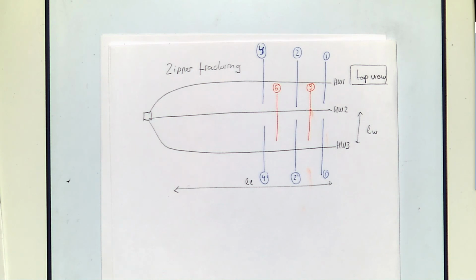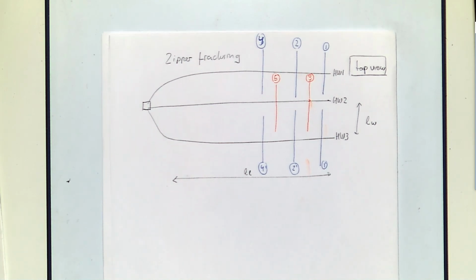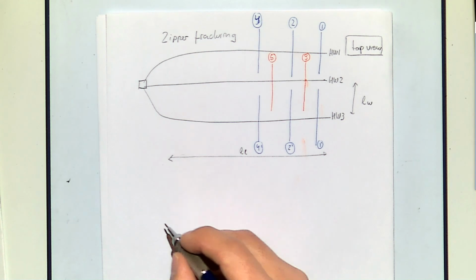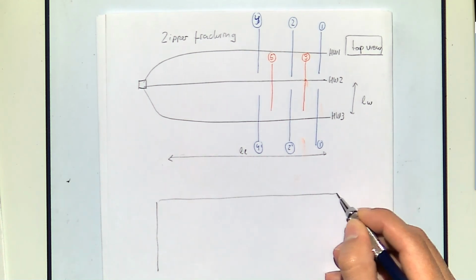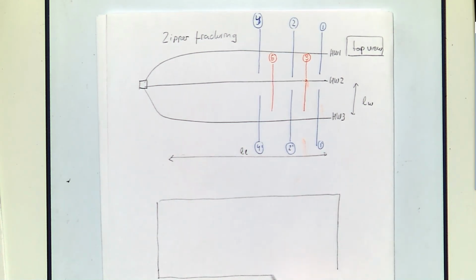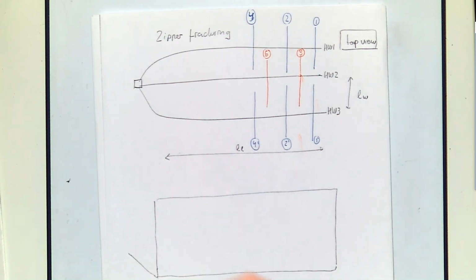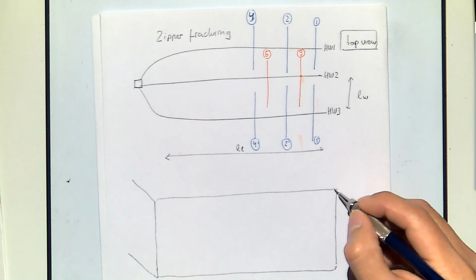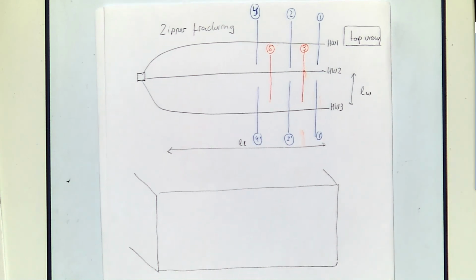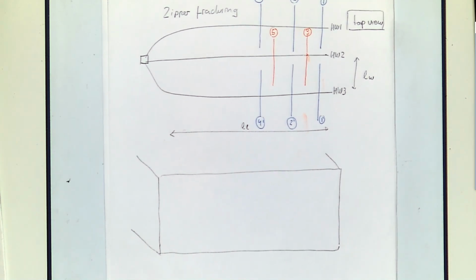Let's add one more variable now to this problem. Sometimes you have net pays that are pretty high, and as we saw in some of those simulations before, the fractures are not, in general, going to grow evenly down and up, covering your entire net pay.